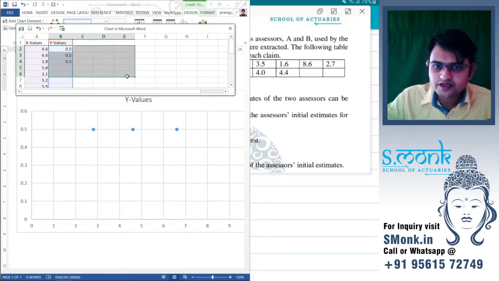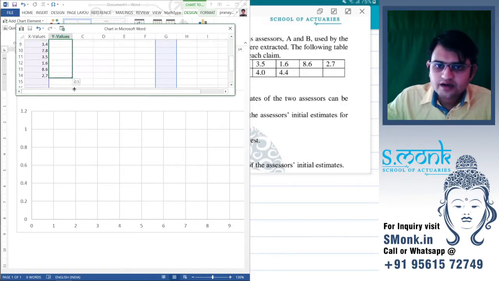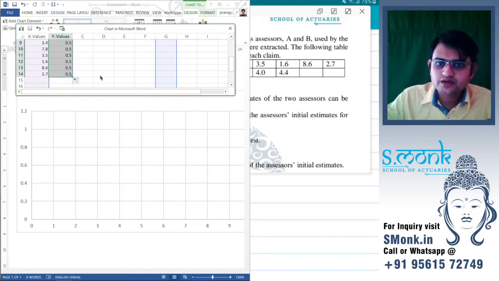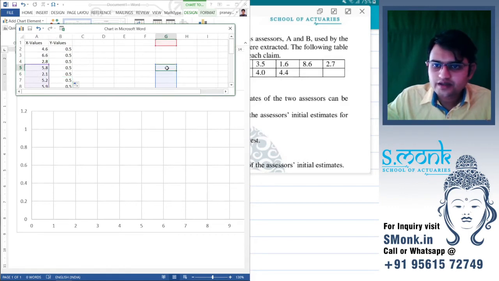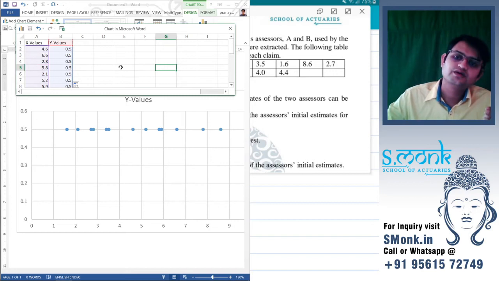So I'll select this, and when I get this particular sign, I'll move it away, drag it down till the end, and then move this back here. You can see all my values are on a straight line. This becomes nothing but our dot plot.